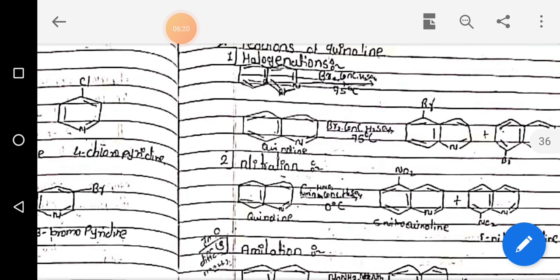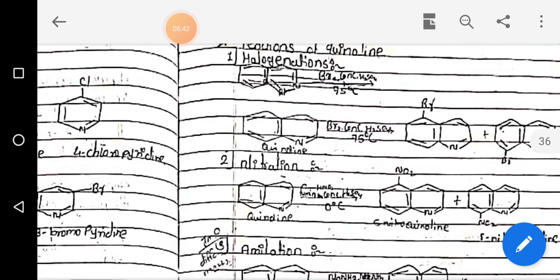We have studied that quinoline shows electrophilic substitution reactions at the 5 and 8 positions. We drew the resonating structures of the 5th position and the resonating structures of the 8th position.